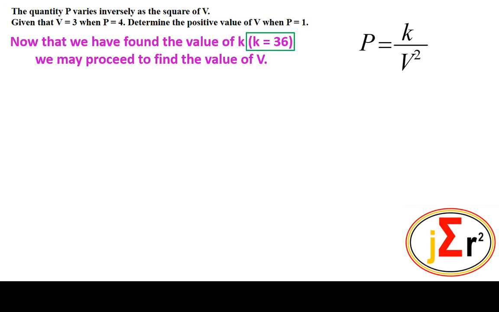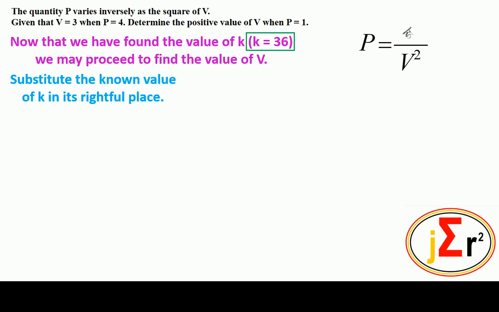We do not have to have another relationship. We may just use that all of the time. Now K is equal to 36. Let's replace that K with the value of 36. Substitute the known value of K in its rightful place right there.